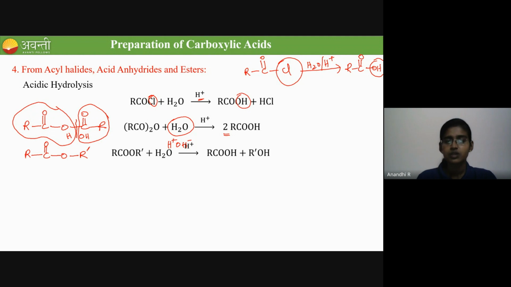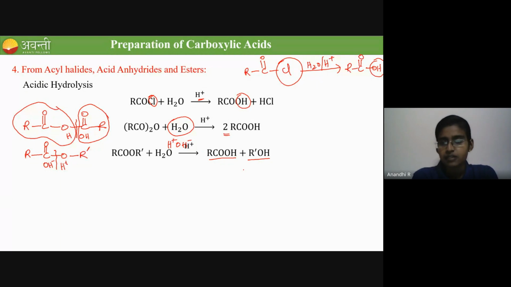So here is the ester, and this ester on acidic hydrolysis forms a carboxylic acid and an alcohol. How are we getting this? Here you have to break the C-O bond, and add water in this manner. Always add the OH minus to the carbonyl carbon and H plus to the oxygen. So we get a carboxylic acid and an alcohol. Got it?